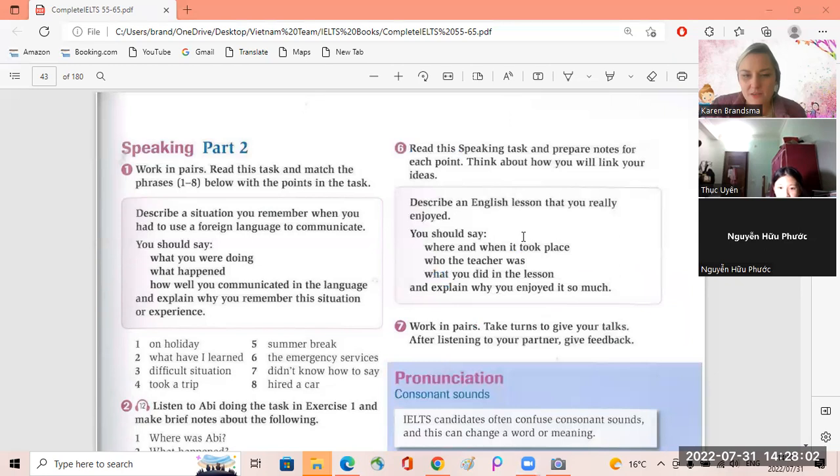Okay, now I'm going to ask you, Phuoc, with no writing, can you describe a situation you remember when you had to use a foreign language to communicate? When my mother and I go to the market, we meet some American people. I have to use English only to talk with them.